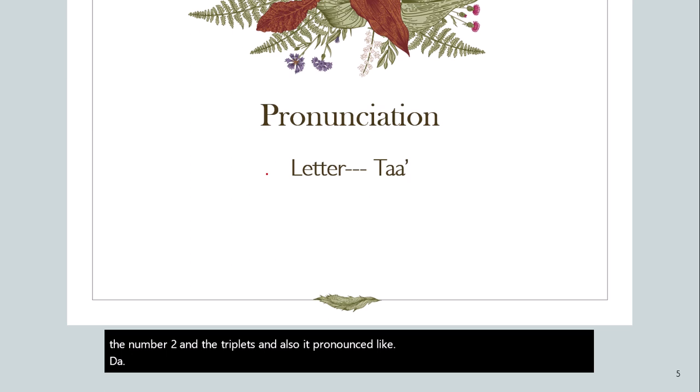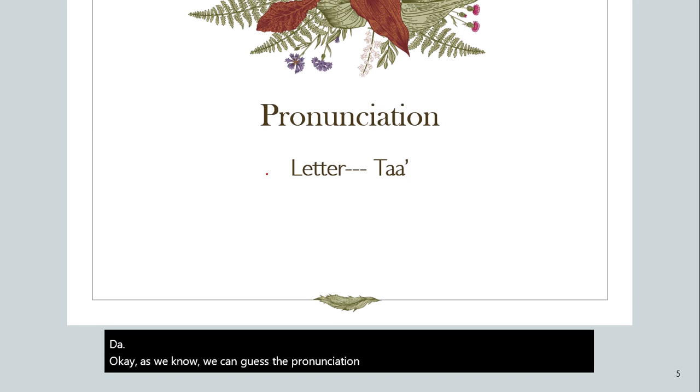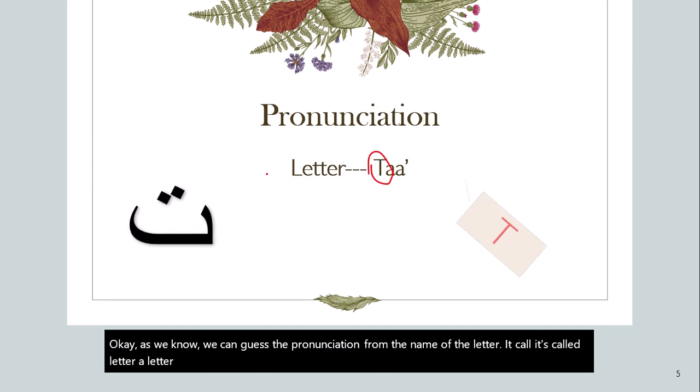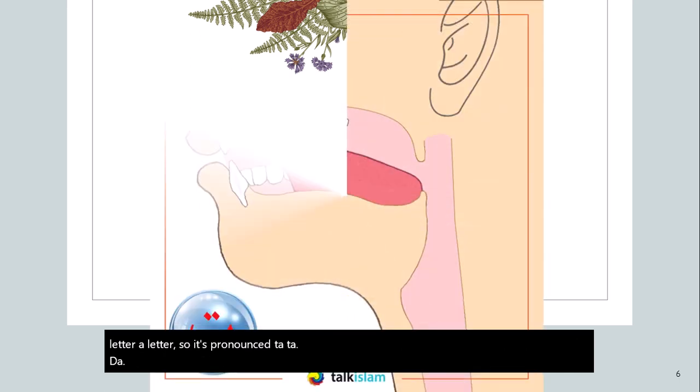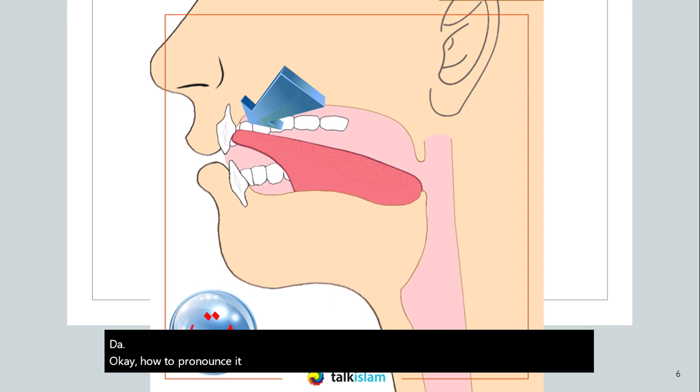As we know, we can guess the pronunciation from the name of the letter. It's called letter ta, so it's pronounced ta, ta, ta. How to pronounce it? This sound occurs as the tip of the tongue touches the upper front teeth, as we see here.